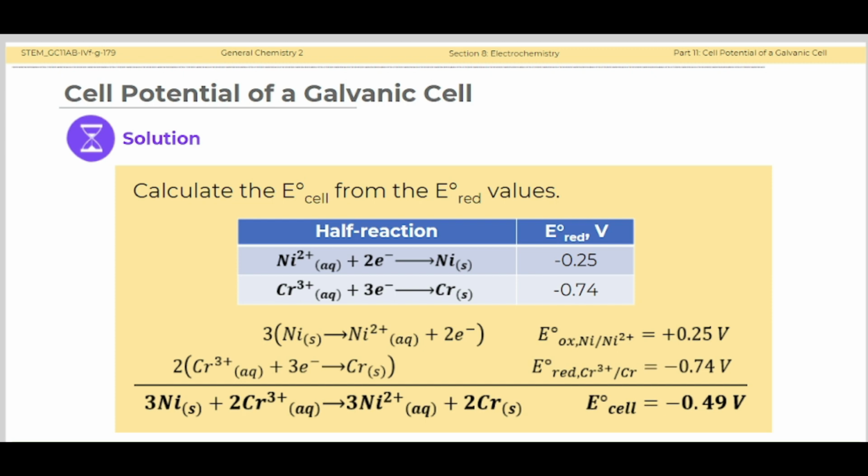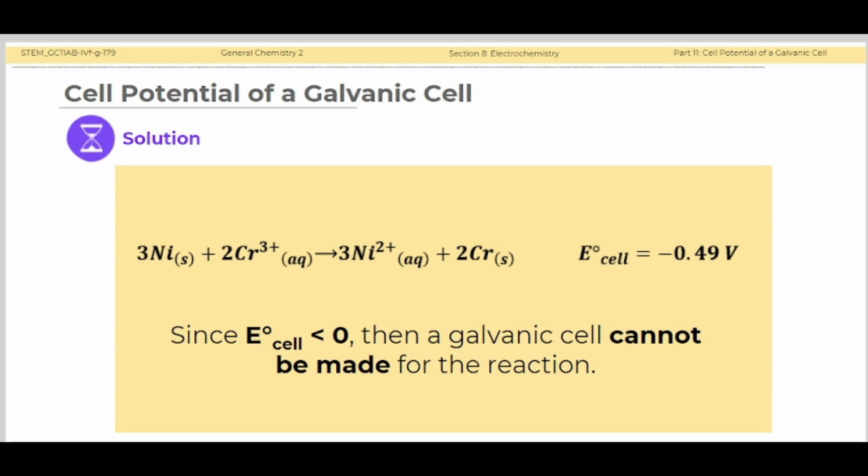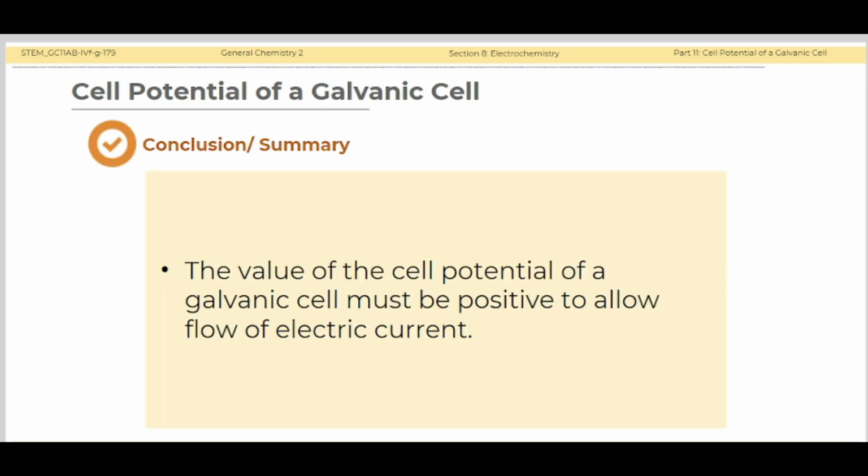Adding the electrode potentials, positive 0.25 volts plus negative 0.74 volts, we get a standard cell potential equal to negative 0.49 volts. Since the standard cell potential is less than zero, then a galvanic cell cannot be made for the reaction.